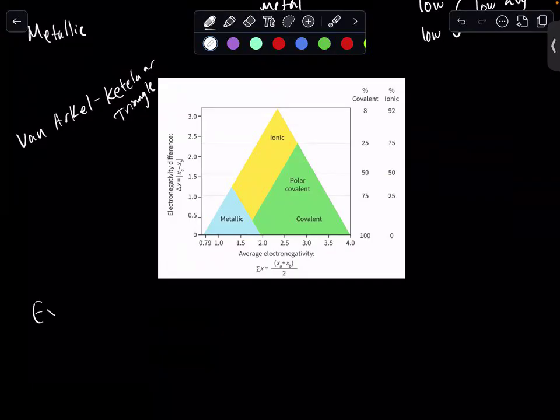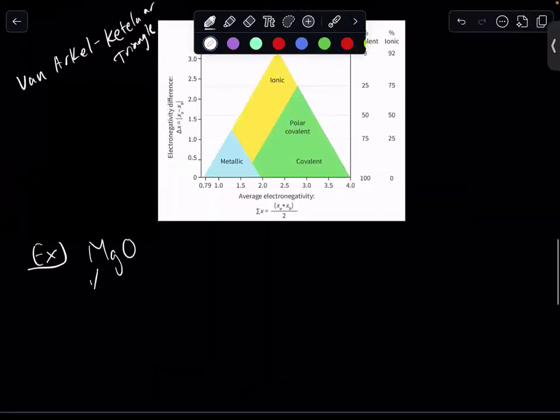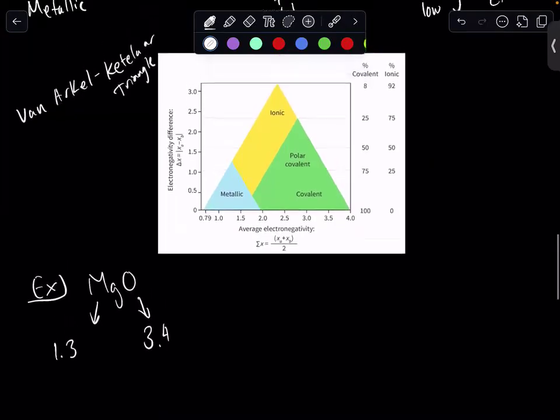So let's start off with just something like magnesium oxide. Magnesium has an electronegativity of 1.3. Oxygen has an electronegativity of about 3.4. These are all values from the data booklet. Magnesium oxide is a very common compound that we find on Earth, and we can start saying how that bond generally affects it or what that bond acts like.